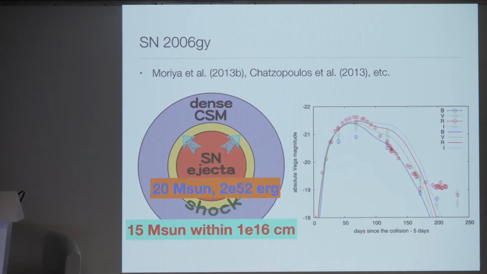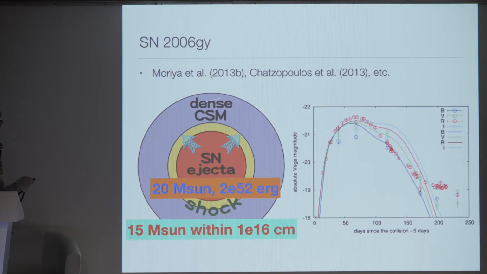What we can do is use radiation hydrodynamics models. This is one example, a supernova called 2006 GY, a type 2N supernova with extremely bright luminosity. In this case we needed really dense circumstellar matter to explain this huge luminosity.